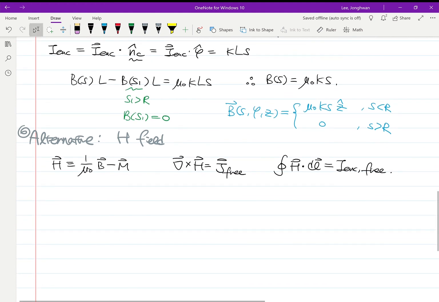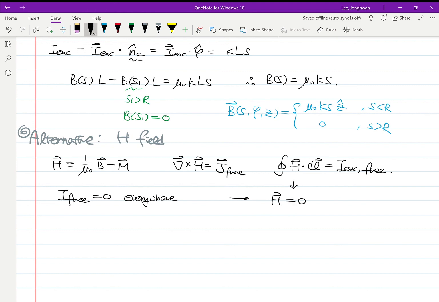So in this problem, there was no free current. So this will give you the H field becoming 0, both inside and outside.